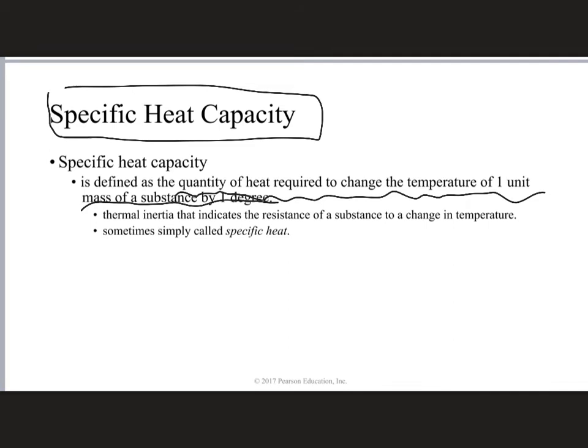In other words, how much heat is necessary to change 1 gram of a substance by 1 Celsius degree. Some objects have a higher specific heat capacity, and sometimes that's just called specific heat. But if you have a higher specific heat capacity, that means it takes more energy to change your temperature by a certain amount of temperature.